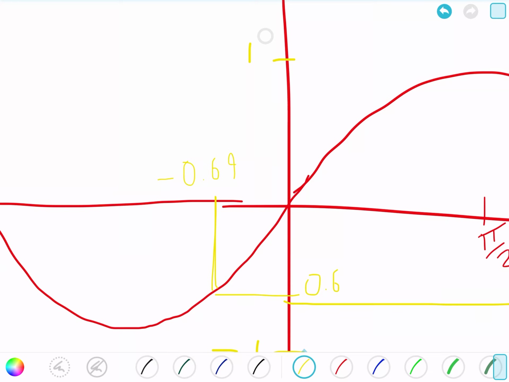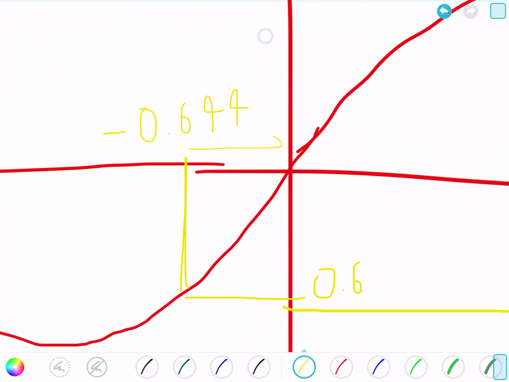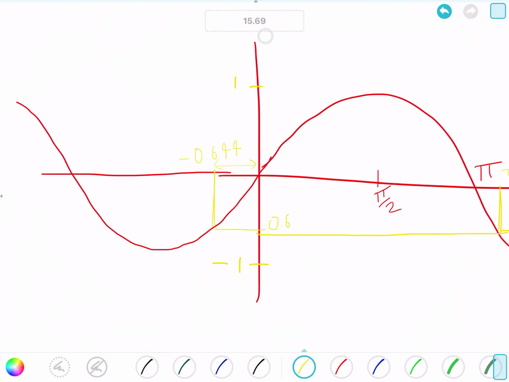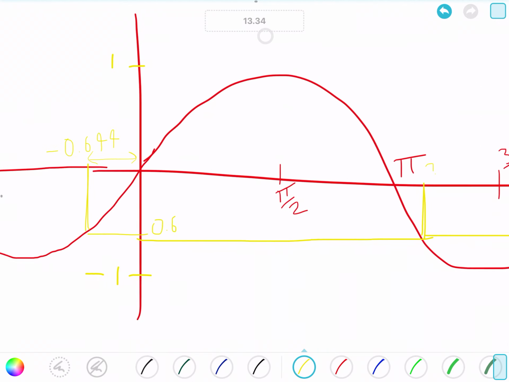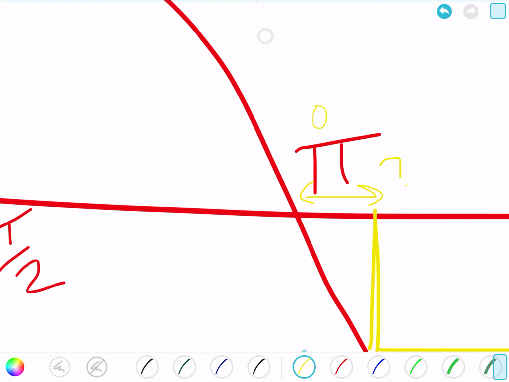So a bit confusing, but you don't have to worry, because you just think about it like this. Look, this distance here is 0.644. That distance is 0.644. And we wanted this value. Well, that distance must also be 0.644.